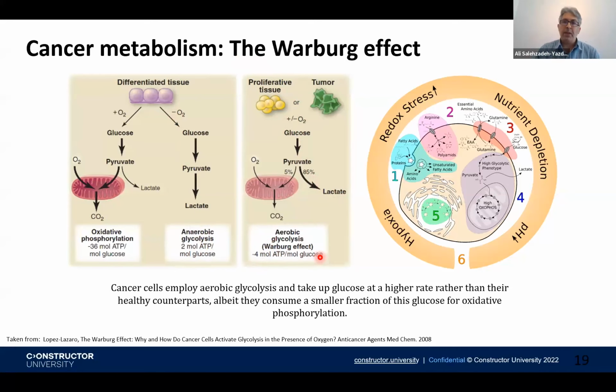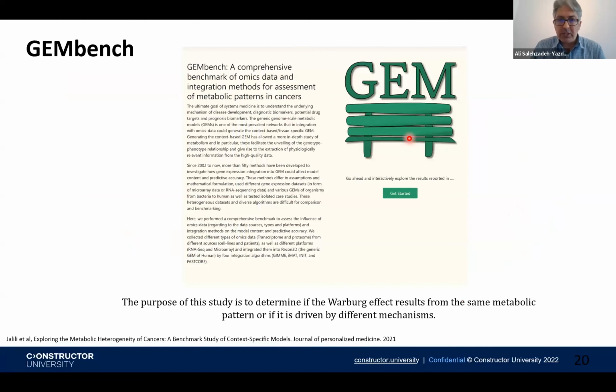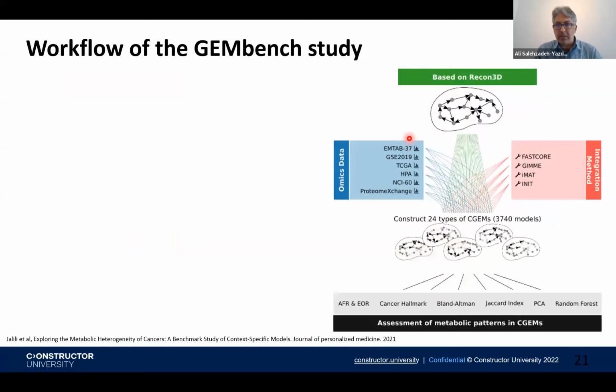But so far, there are different hallmarks of cancer that we know about, like reduced pH of the microenvironment, hypoxia, redox stress, or whatever. But the question we had was whether the Warburg effect results in the same metabolic pattern, or is driven by different mechanisms.